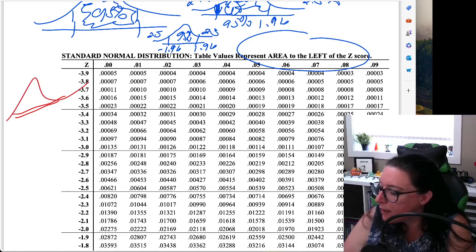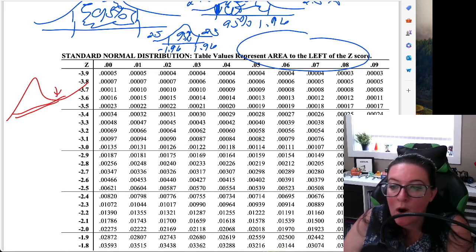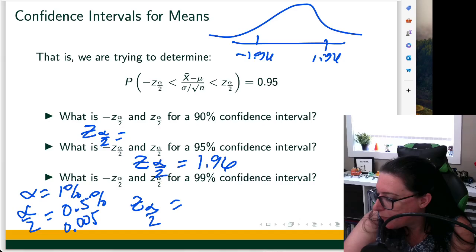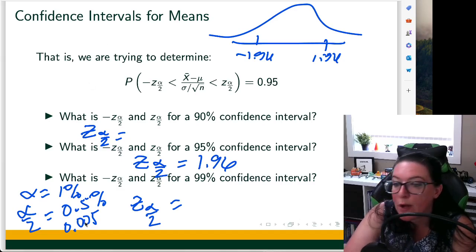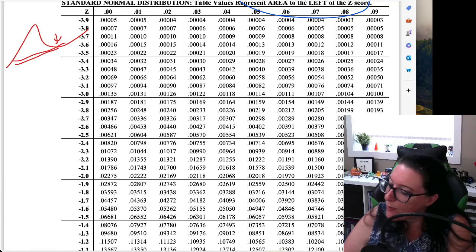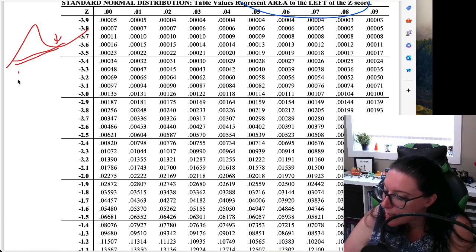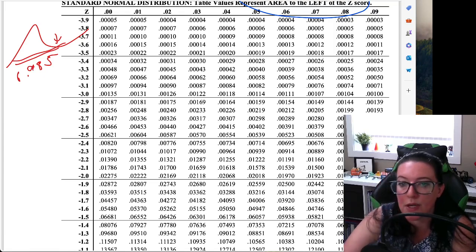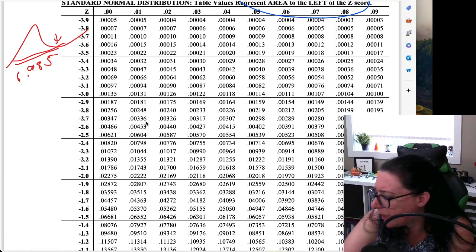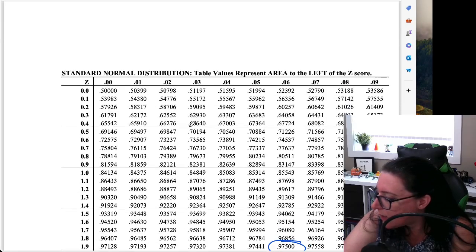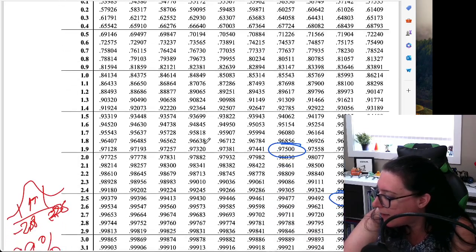But remember, it's going to be 0.005 out here in the wing. So if you want 0.005 out on the wing, then what does the rest have to be? The rest has to be 0.995. I apologize, it's being buggy here. So we're looking for the number on the inside here that is 0.995.